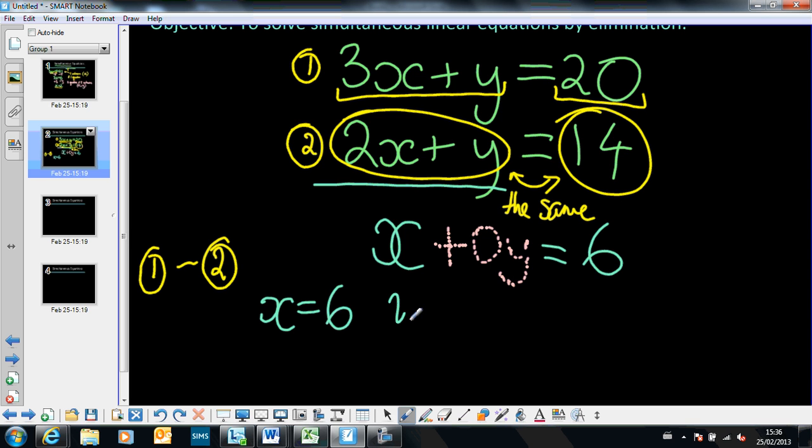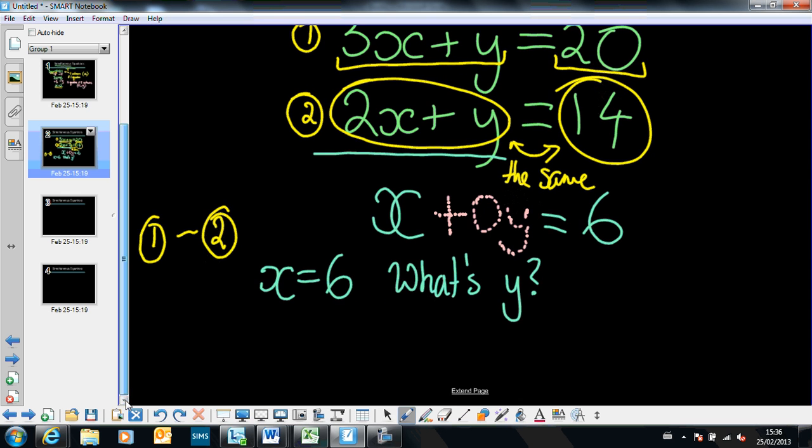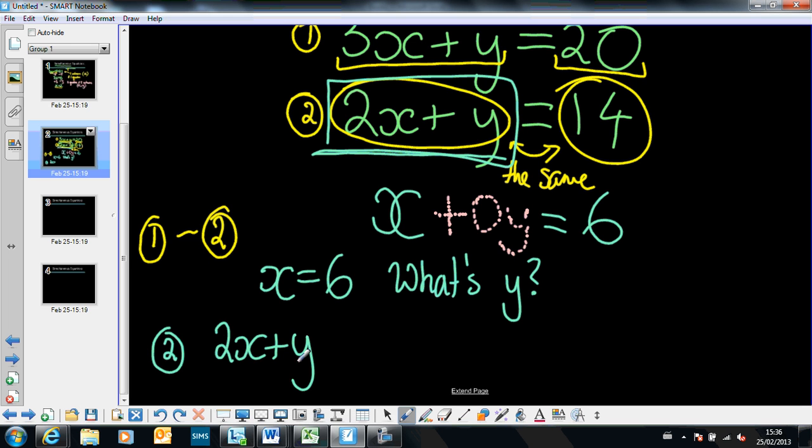What's y? That's what I want to know. Well, that's also easy to figure out, because all I have to do is take one of the equations, and I'm going to take equation 2. Doesn't matter which one, it should work for both. I'm going to use equation 2, which is 2x plus y equals 14.